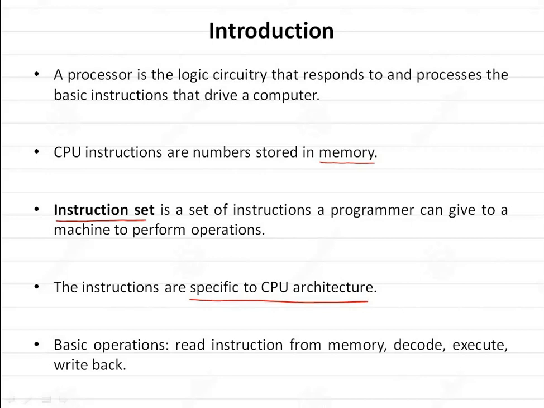So depending upon the CPU architecture we will have a corresponding instruction set, but there are a few instructions that are common to all architectures, like read instruction from the memory, decode instruction, execute instruction, and write back instructions. So these are some of the commonly used instructions that are available in most computer system architectures.